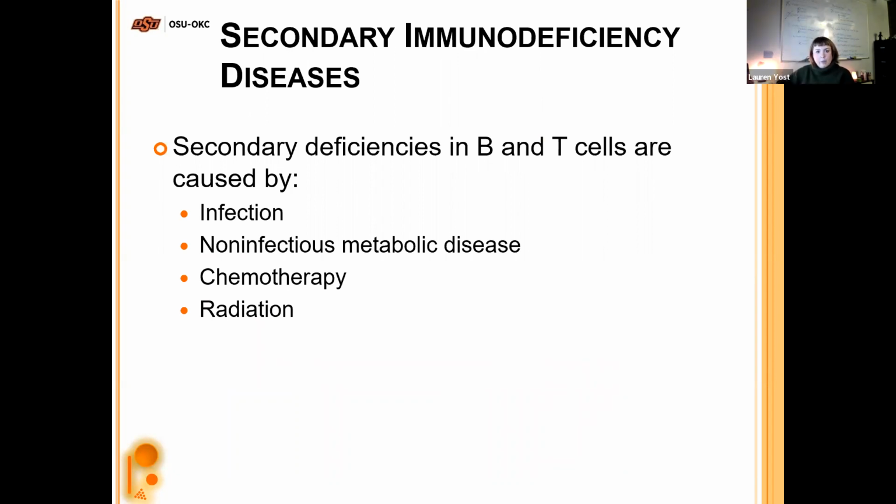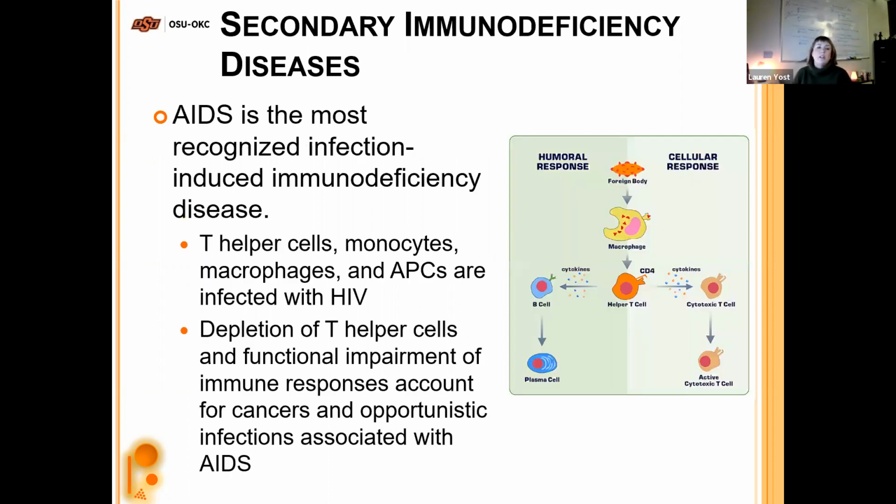Okay, secondary immunodeficiencies in B and T cells are caused by either infection, non-infectious metabolic diseases, chemotherapy, or radiation. We often think about infection with HIV causing something like this, and chemotherapy and radiation being kind of an obvious one as well. So AIDS is the most recognized infection-induced immunodeficiency disease that we have studied.